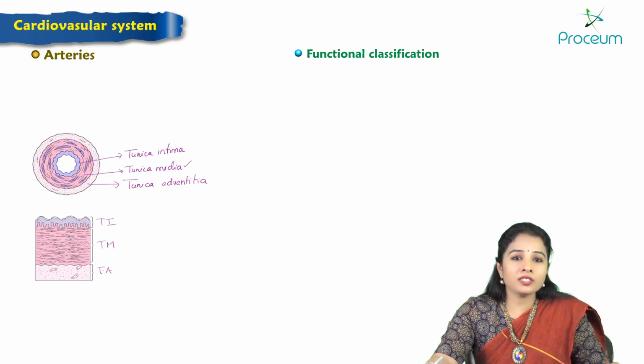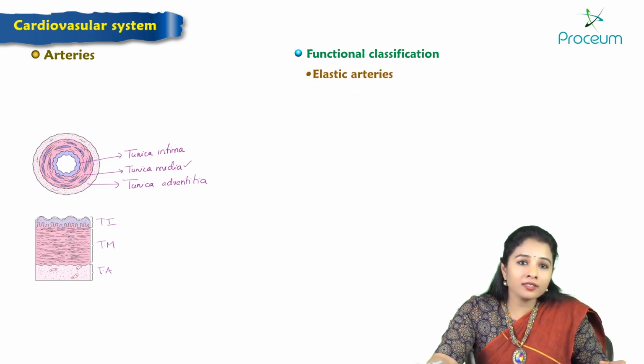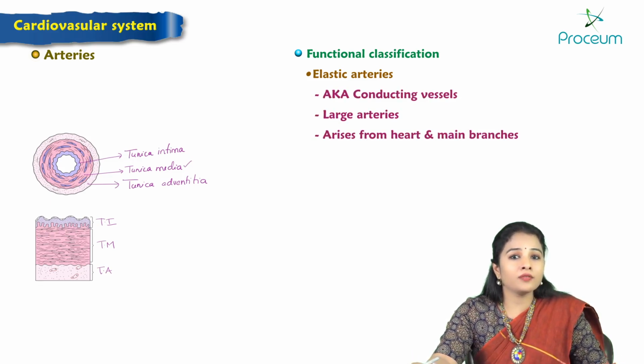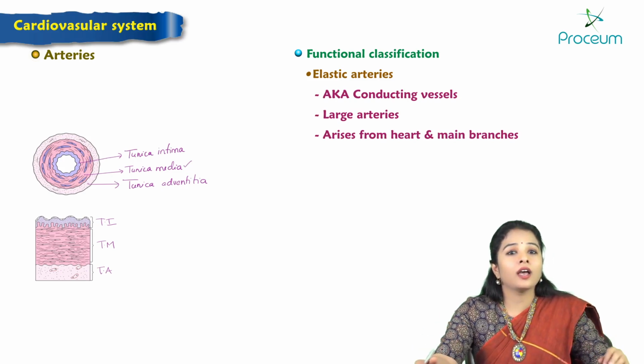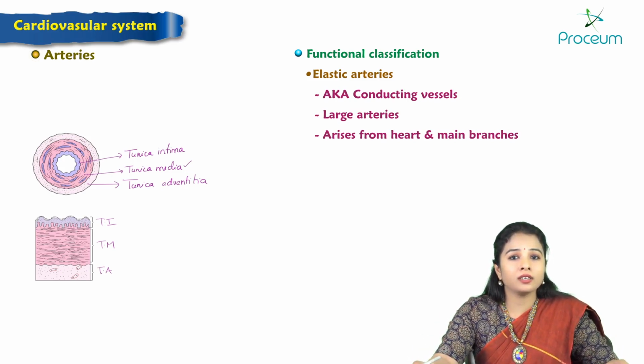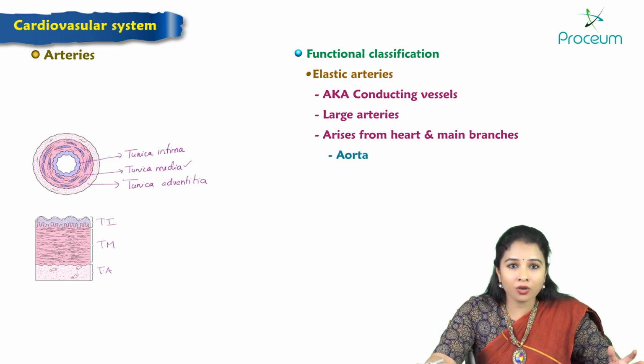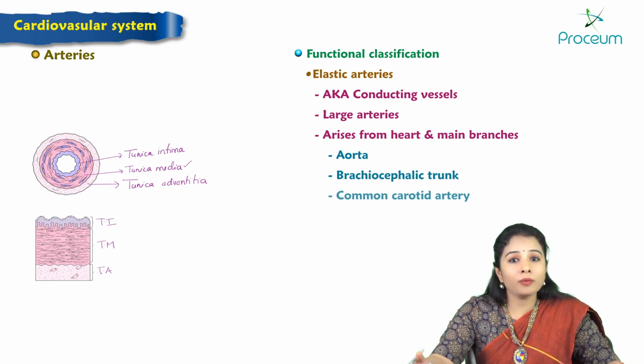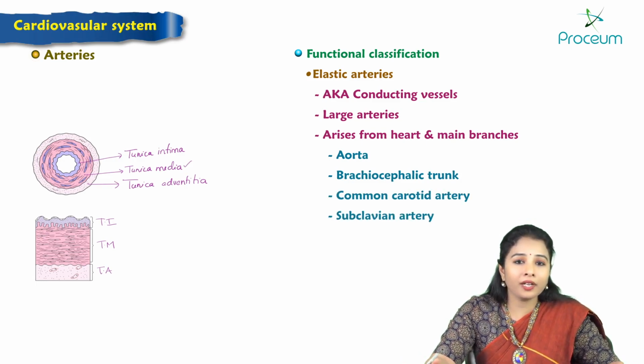Talking about the elastic arteries first, elastic arteries, otherwise called conducting vessels, are large arteries arising from the heart. They are mainly seen near the heart, and their main branches, like the aorta. The aorta divides into the brachiocephalic trunk, common carotid artery and subclavian artery.